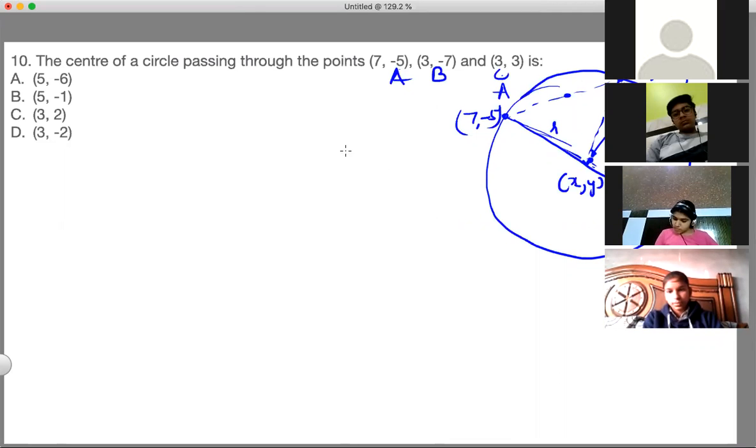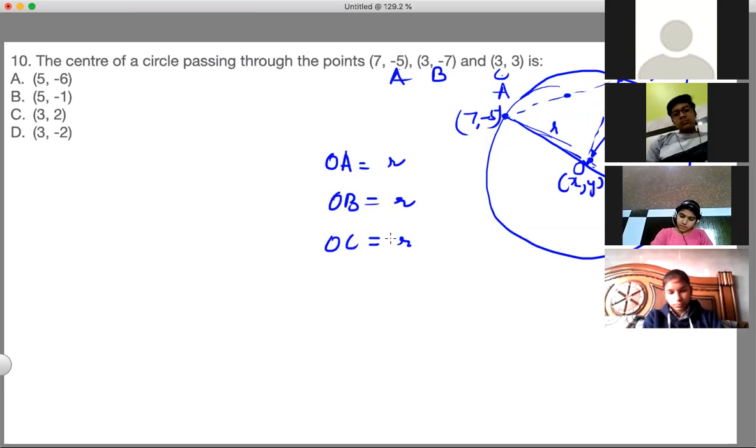Let's say this point is O. So I can say OA is equal to R, OB is equal to R, and OC is equal to R.